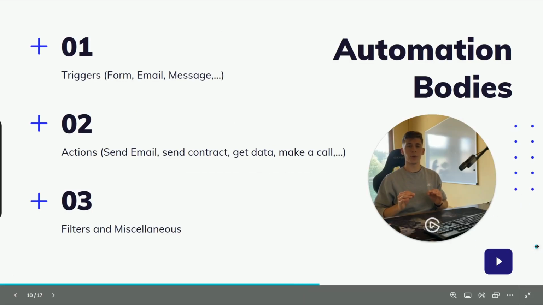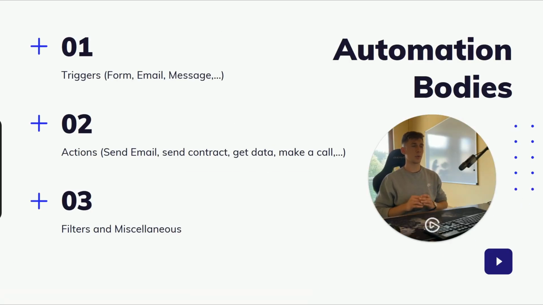The automation building blocks, which are very important to understand here, are segmented into 3 types of things. First one are the triggers. Triggers can be forms, emails, messages, receiving content, viewing a new row being added on Google Sheets. Triggers can be anything. What triggers do is simply trigger a reaction, as in the name, and they are the start of the automation.